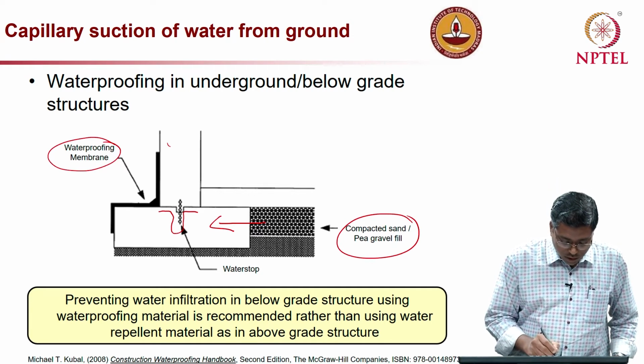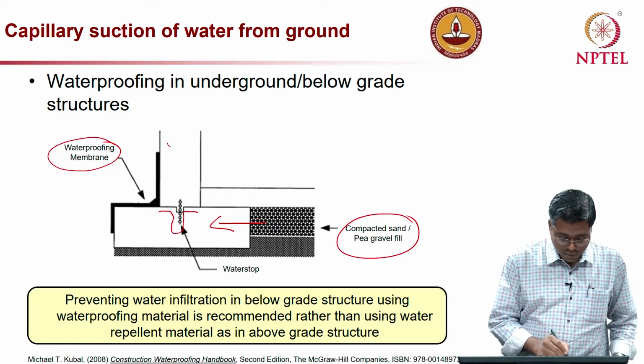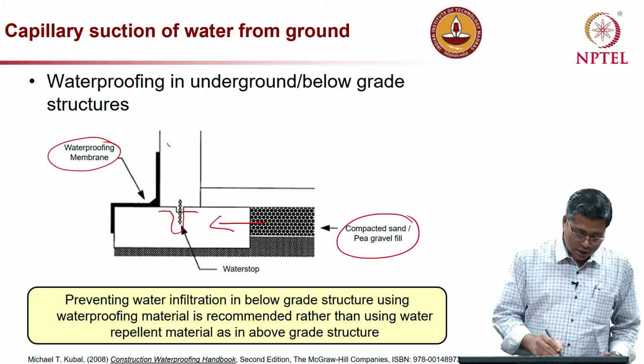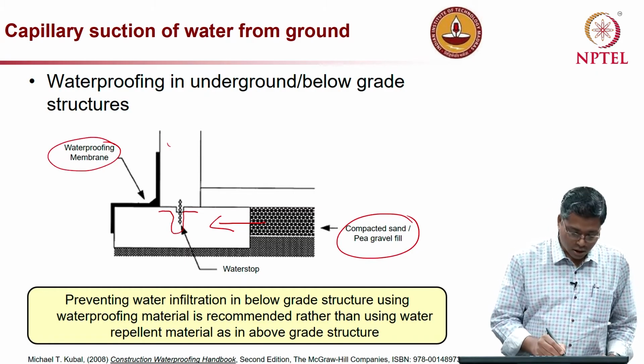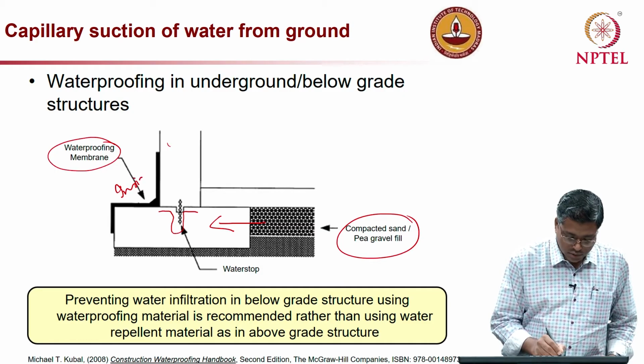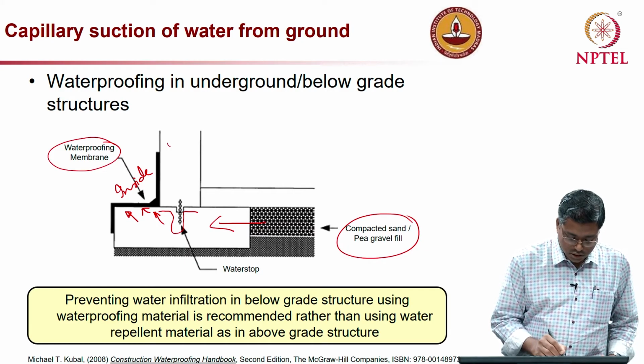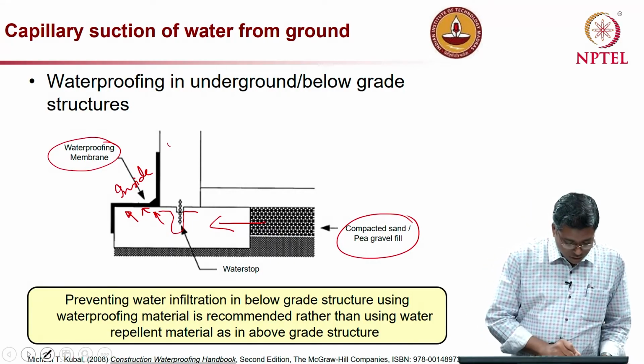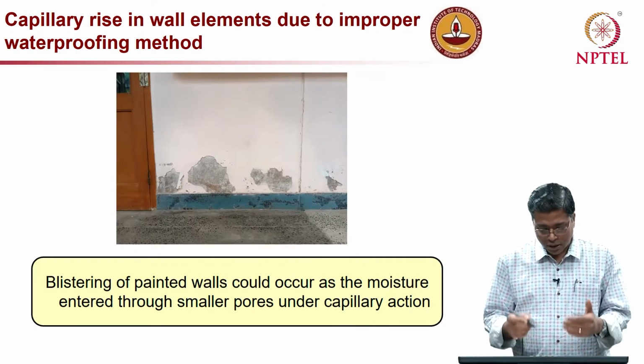And even if for some reason water reaches the right side of this black membrane shown, the membrane will stop it from getting into the inside of the room. If this is the inside, water just comes here, and then it cannot really cross that membrane. So, it just stops here. Okay. So, that is how the waterproofing membrane works.